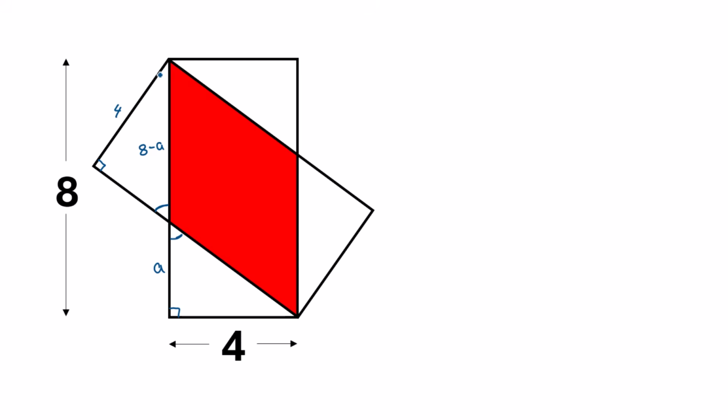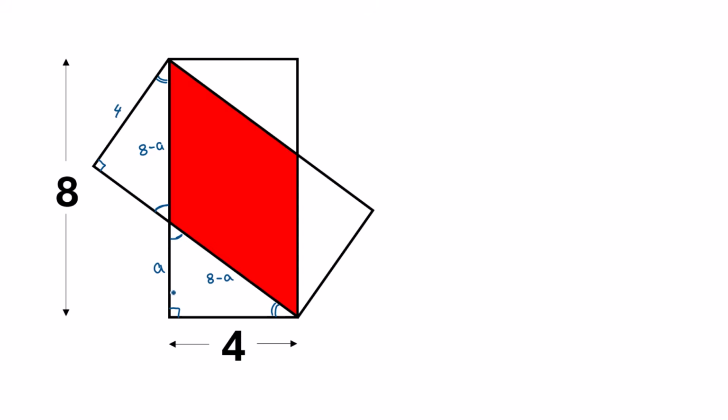So the rest of this angle is equal to this angle, and this length is equal to this length. So these two triangles are similar triangles. For this reason, as this is 8 minus a unit, so this will also be 8 minus a unit.